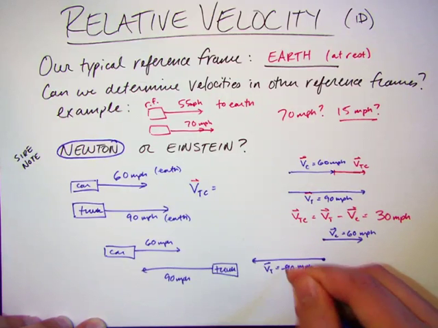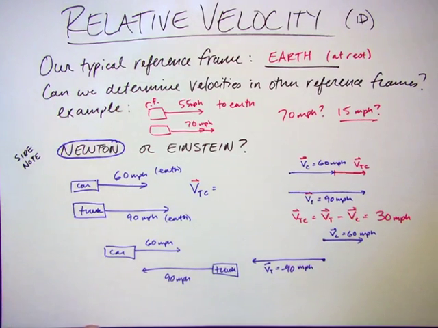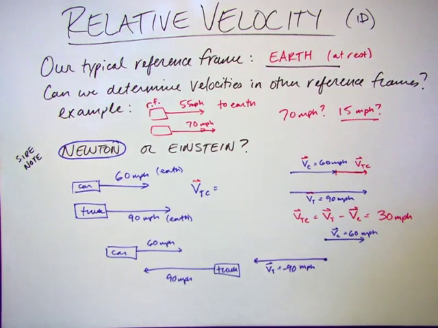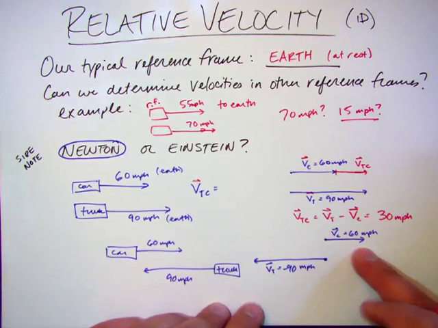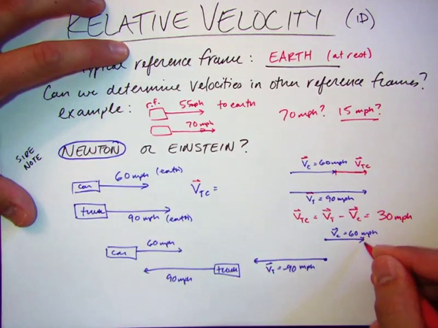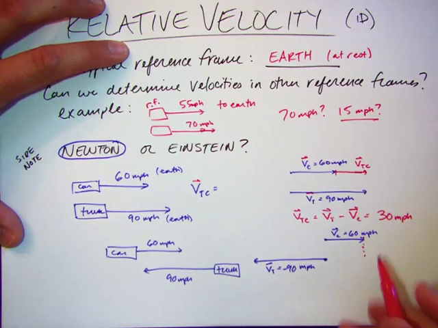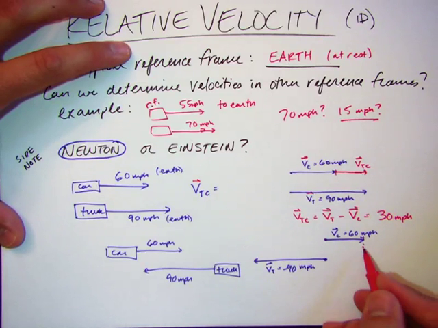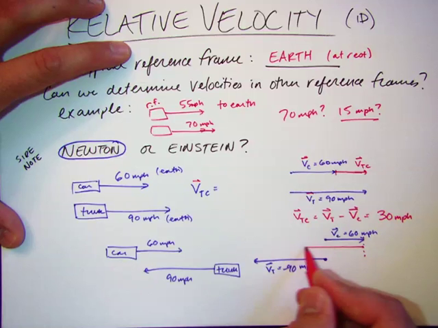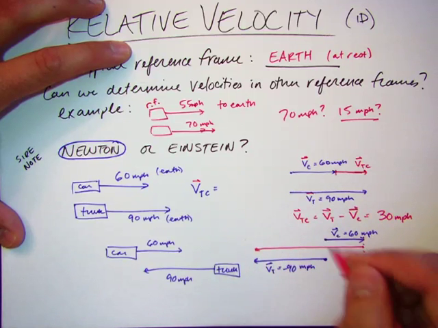You can call it negative. I think that's a good habit to get into, because in a reference frame, there's always a direction that matters: to the right, up, left, negative, and so forth. So now to figure out how fast the truck is moving relative to the car, I start at my car, and then I draw the vector that connects the front of the car to the front of the truck.